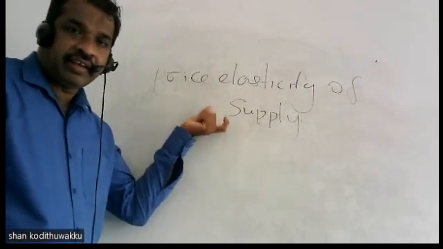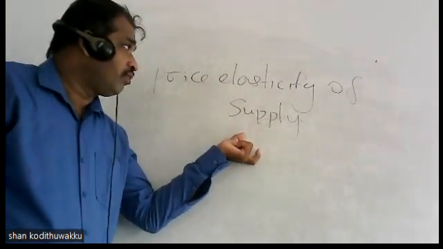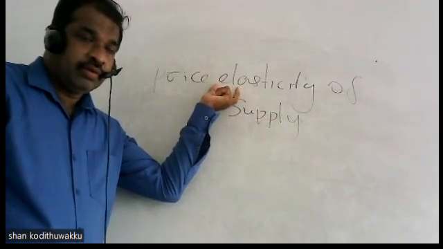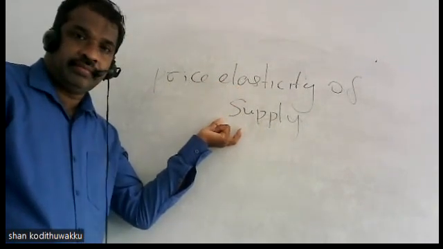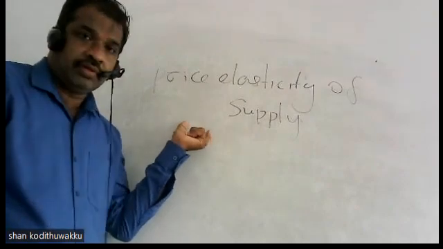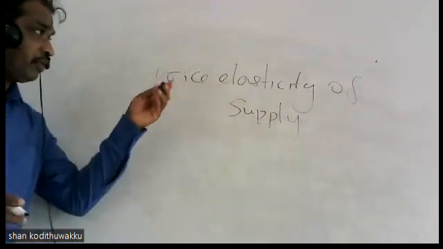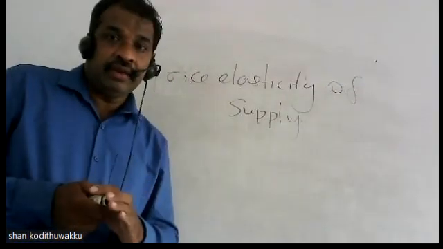That is the responsiveness of continuous supplies when the price of the relevant product changes. Right? Price elasticity of supply. What does it mean?